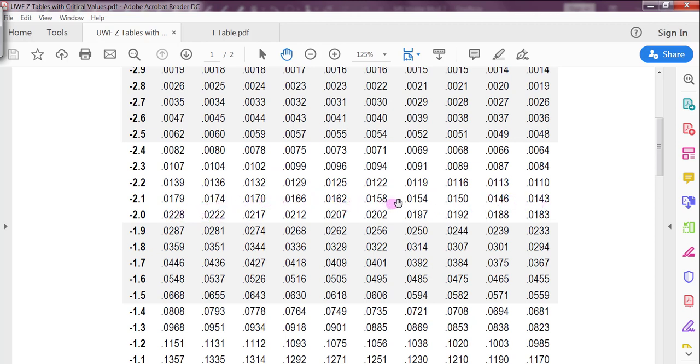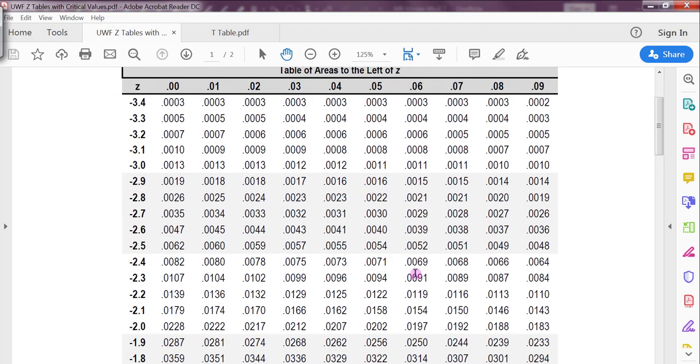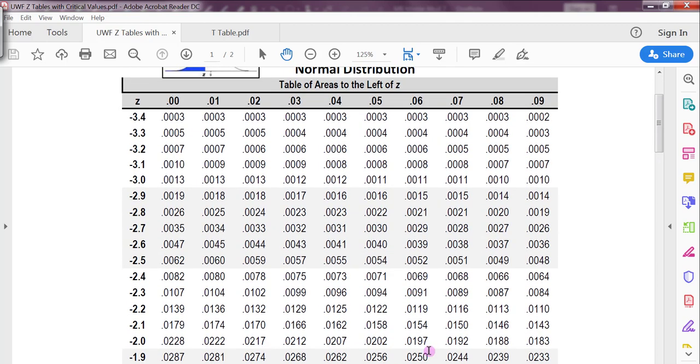It's an exact point. So we come, let's see if I can get the top. I can, look at that. So right here is 0.015. Right there is the area under the curve, where the area under the tail is 0.015, which is half my alpha. So I know my critical value is going to be negative 2.17.